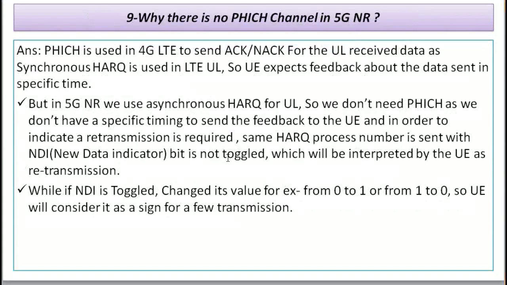Okay, that's all. Next question: why is there no PHICH channel in 5G NR? Why is this channel not used in 5G NR? PHICH is used in 4G LTE to send acknowledge and negative acknowledge for the uplink received data. Asynchronous HARQ is used in LTE uplink.